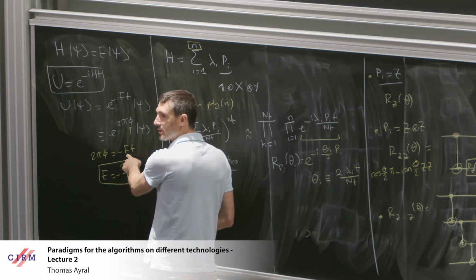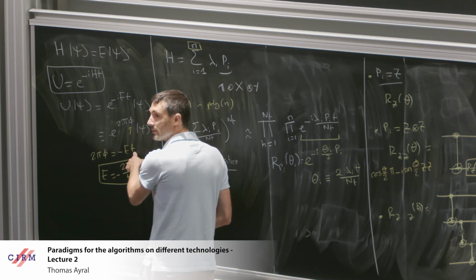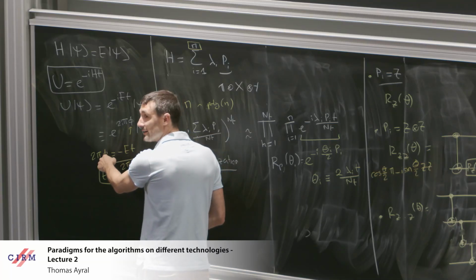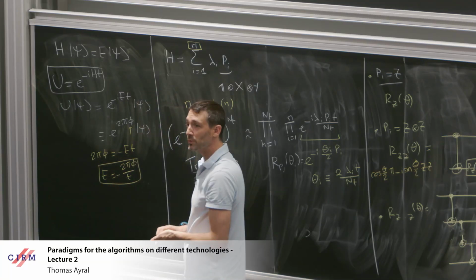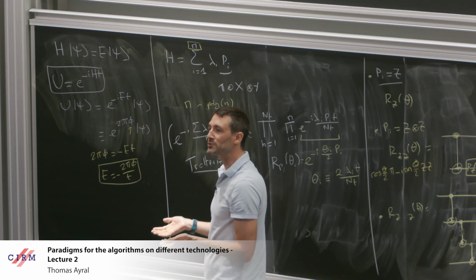That's what I'm looking for. But I need to fix T. So for instance, if I have a very large energy, then I should have a very small T. Right? So I need to adjust T so that my phase in the end is going to be between 0 and 1. But in practice, you'll tell me, yeah, but I don't know E, I don't know the energy, so how do I choose T?